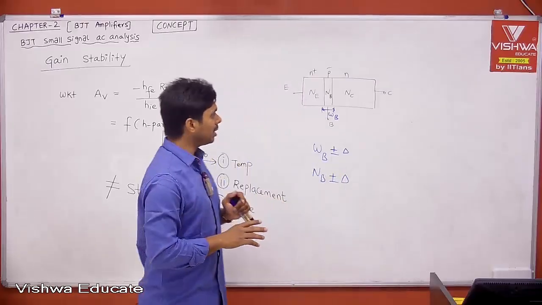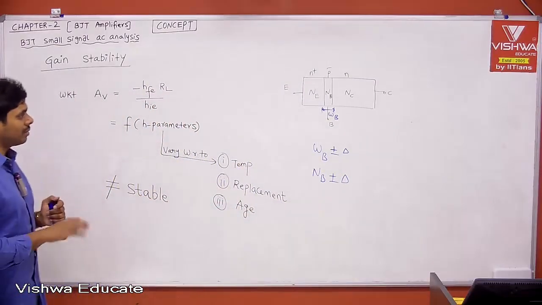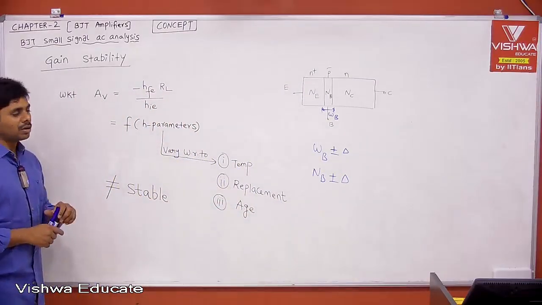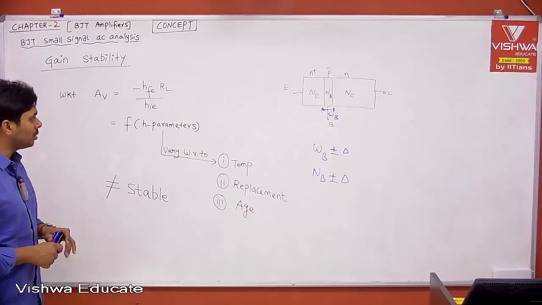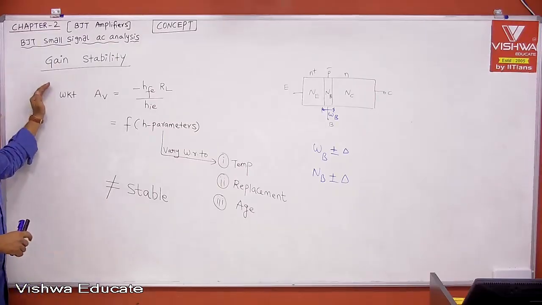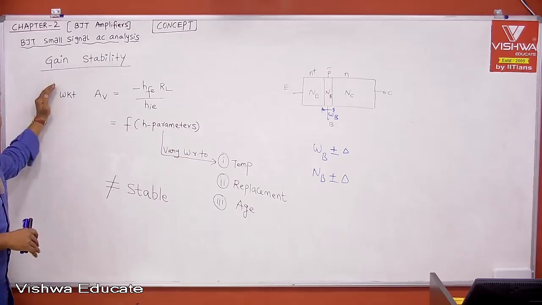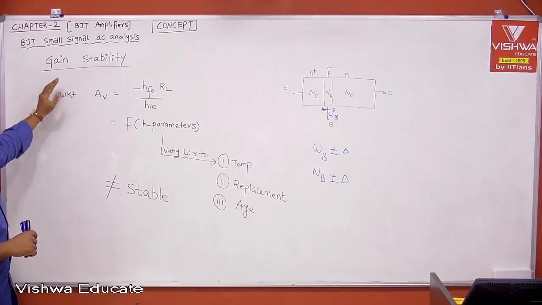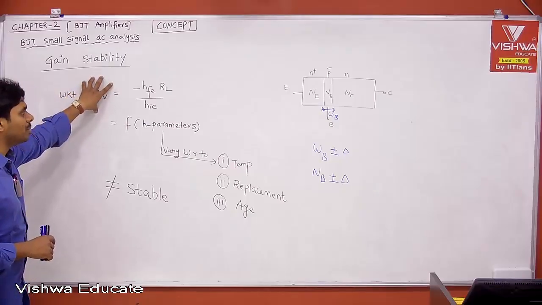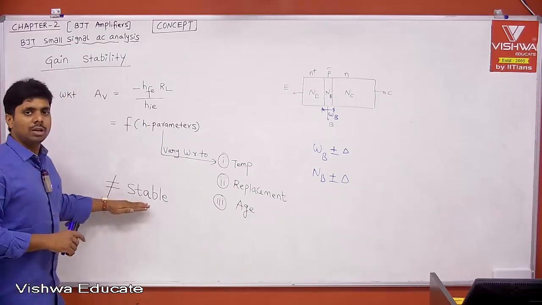For the time being, let me stop here, then we can continue in the next session about how to improve the stability. From this session we got to know the limitation of your existing amplifier, basically the common emitter amplifier. Yes, we got the conclusion that it provides very good voltage gain, but the problem is the gain is not stable.